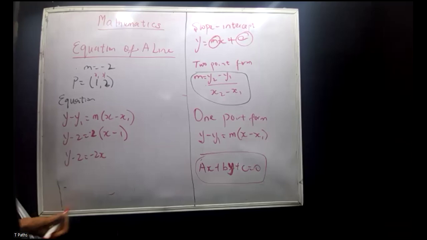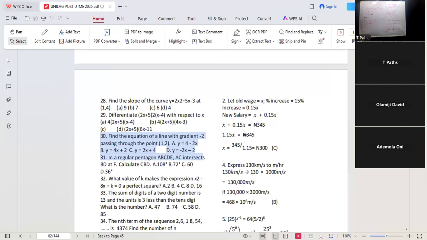So I'm going to make it minus 2x plus 2, bringing the 2 to the other side to become plus 4, which is option A. So what they did here is simply rearrange this to become y is equal to minus 2x plus 4, or you can rewrite it as y is equal to 4 minus 2x, which is option A.